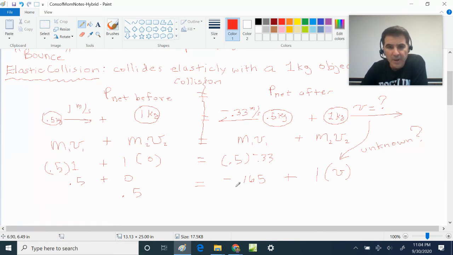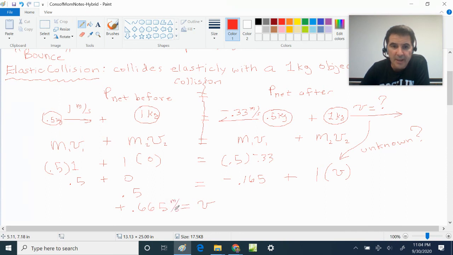And so here I got 0.5, and then here I'm going to add 0.165 to each side. I get the answer 0.665 is equal to V, because that's 1V. All right, so 0.665, and that's a positive. And this is V, so it's meters per second.